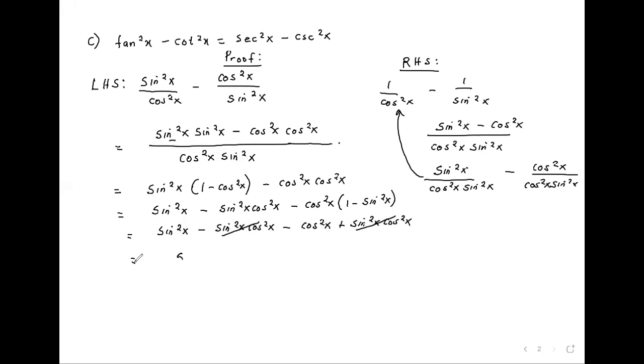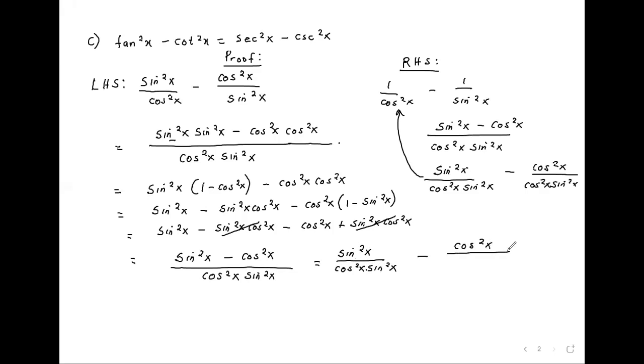So now we can go back to the denominator so that we have this minus cos squared x over cos squared x sine squared x. We separate, we have sine squared x over cos squared x sine squared x minus cos squared x over cos squared x sine squared x.